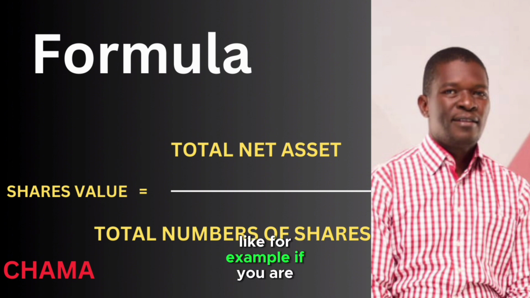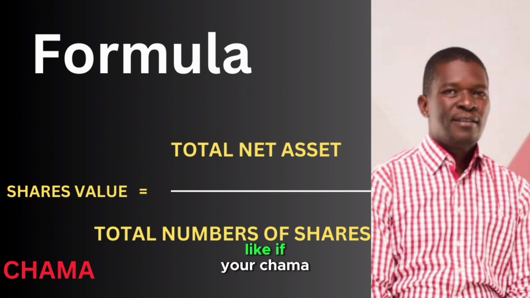For example, if your CHAMA has chairs and tents, if you hire them out for the service of events, as time goes, those chairs will depreciate, and that one will have an impact on the value of your share.